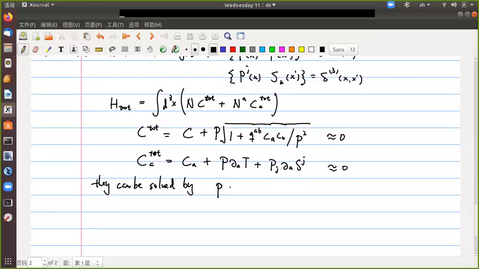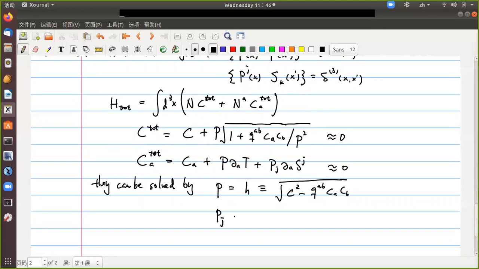You can solve it by P equals something, defined to be H, and it is this H: the square root of C squared minus q^{AB} C_A C_B. If you ask P to equal this, it is the solution of the constraint equation.